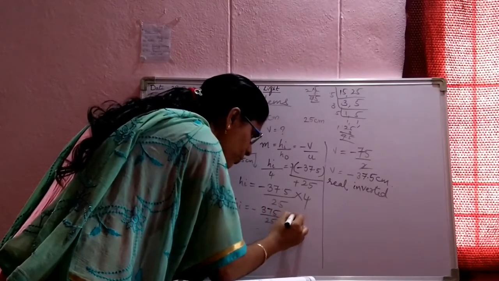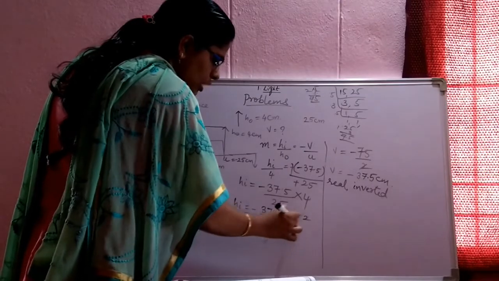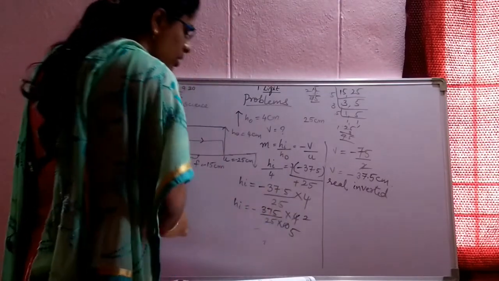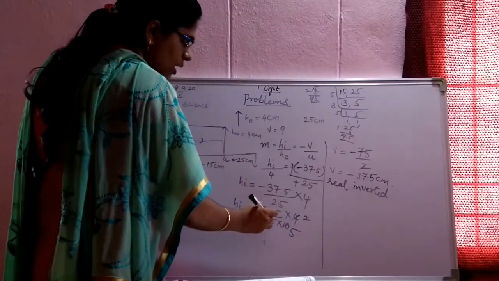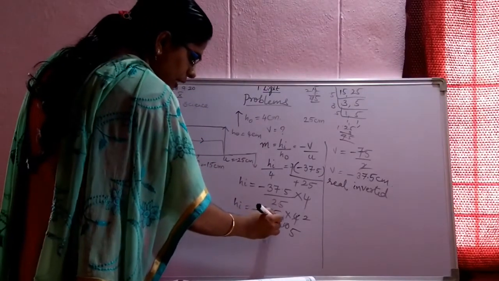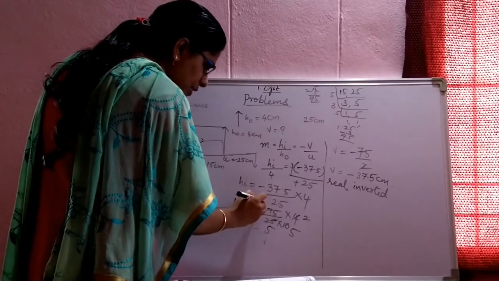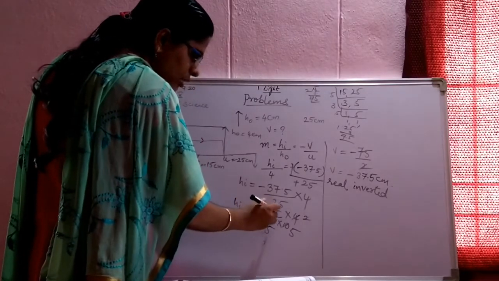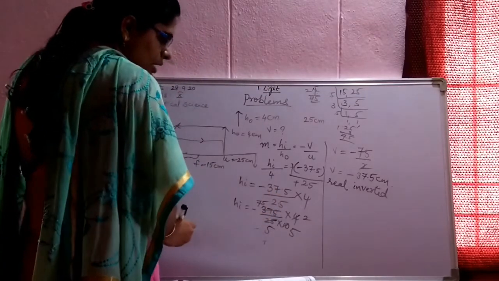I have removed my point and am doing the calculation. 2 2s, 2 5s, 25, 5 5s, 25, 5 7s, 35. 35 means again 25, 5 5s, 25.